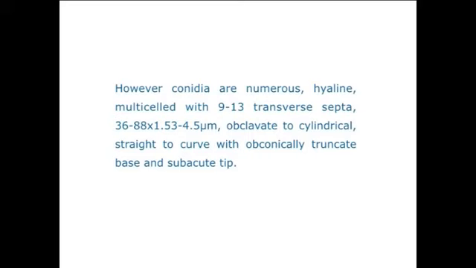Conidia are numerous, hyaline, multicelled with 9 to 13 transverse septa, 36 to 88 by 1.53 to 4.5 micrometer, obclavate to cylindrical, straight to curved, with obconically truncate base and subacute tip.